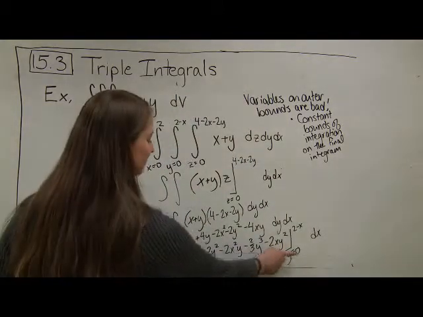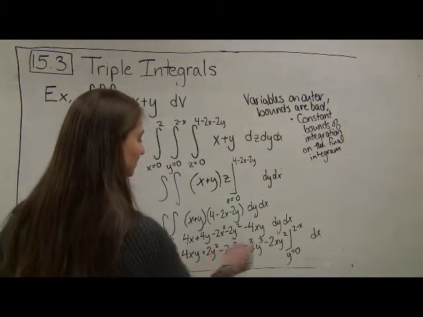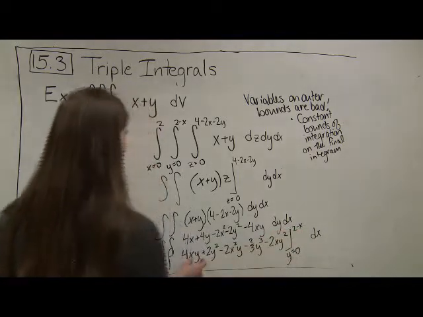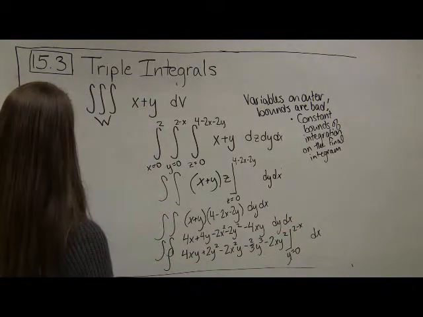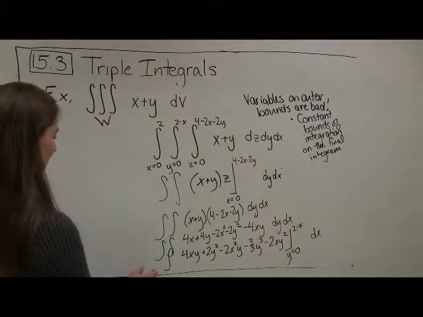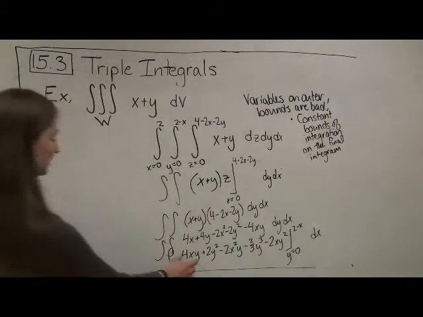So when y equals 0, all of these terms are going to drop out. But when y equals 2 minus x, we're going to get a whole bunch of terms. So this is where I'm going to get, I can't stand anywhere, can I?